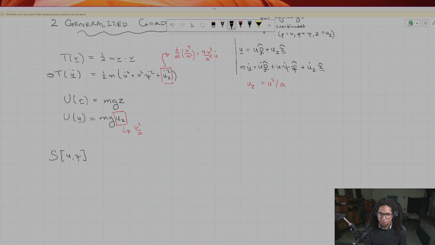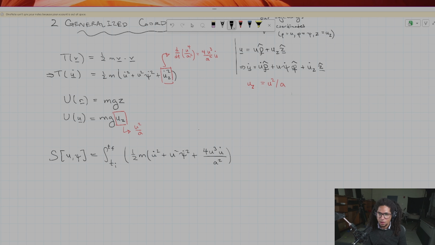And so I get this integral from ti to tf, just as always, of 1/2 m times u dot squared plus u squared psi dot squared plus 4u cubed u dot over a squared.